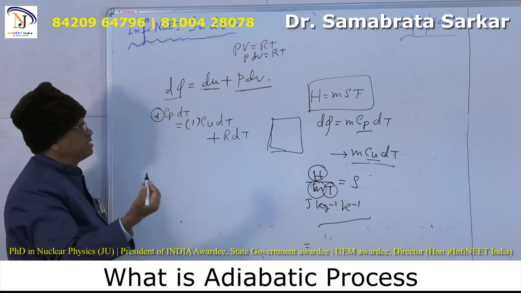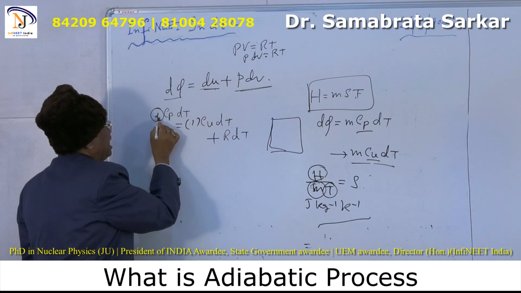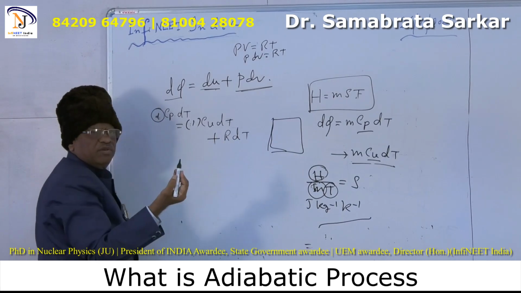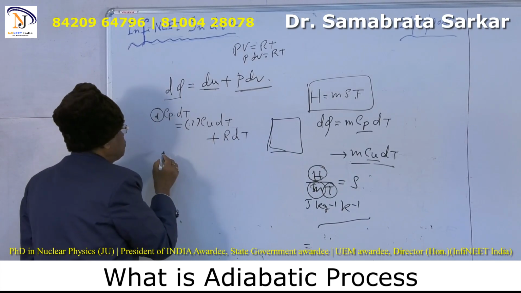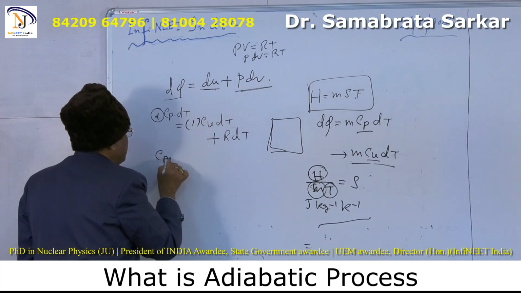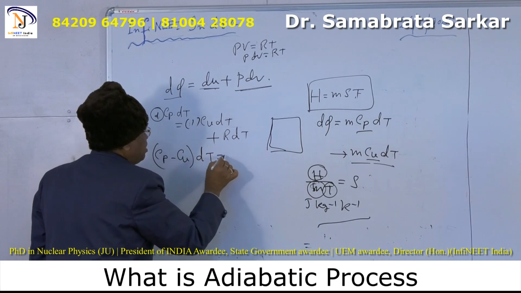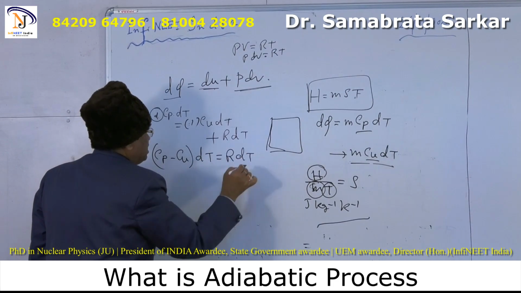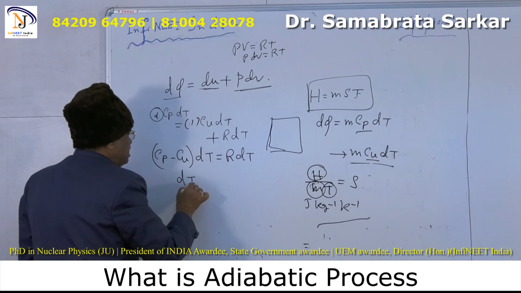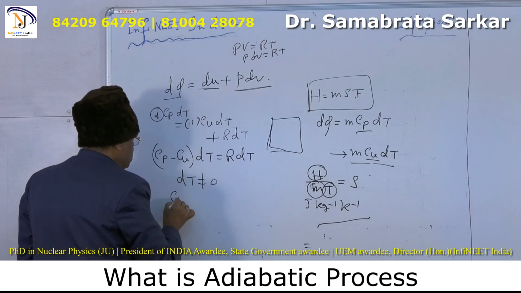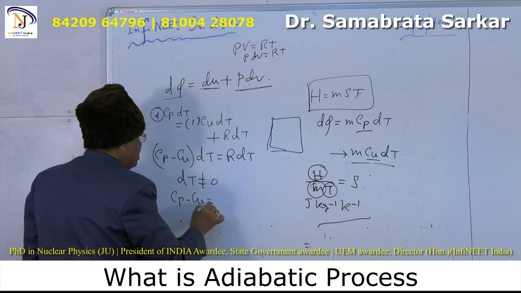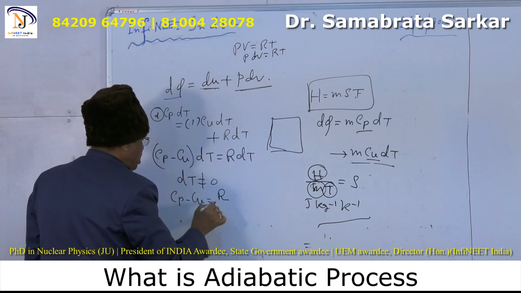For n mole of gas, this will be n, this will be n, and also here it will be n. Okay, so you can write Cp minus Cv into dT equals R into dT. And you all know dT is not equal to 0. So Cp minus Cv equals R.